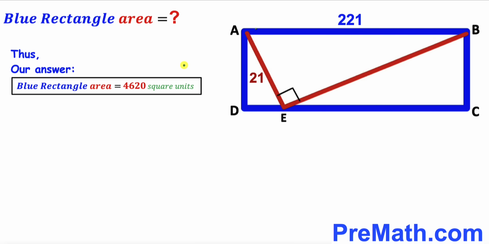So after all the calculations and manipulations, the area of this blue rectangle ABCD turns out to be 4620 square units, and that's our final answer.